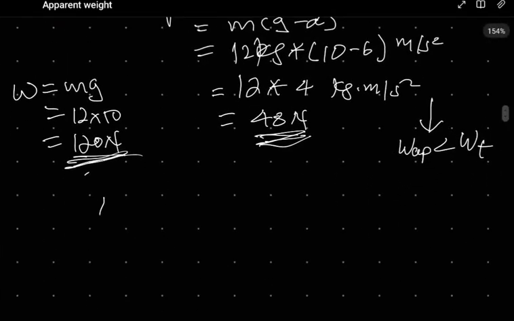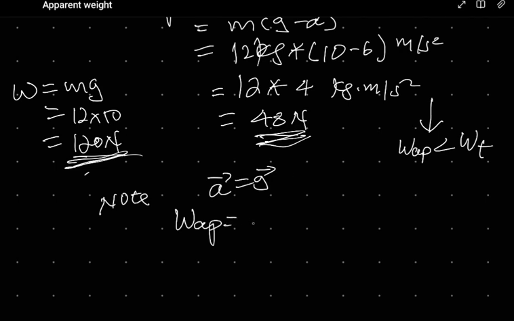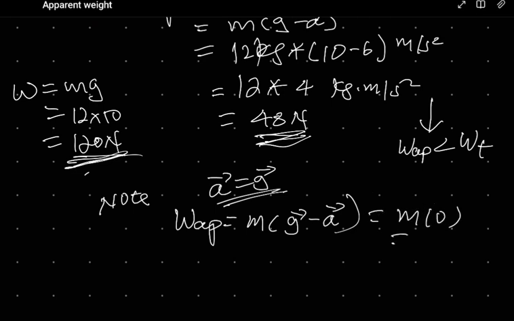Now note a point. If your acceleration is the same as g, then what would be the apparent weight? The apparent weight is the mass times g minus the acceleration, but g and a are equal, so this is the mass times 0, so you have 0 Newtons of weight.